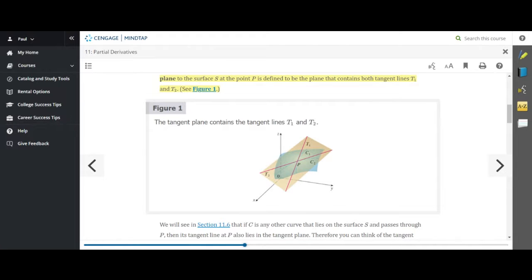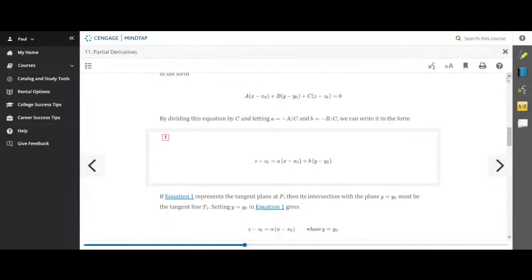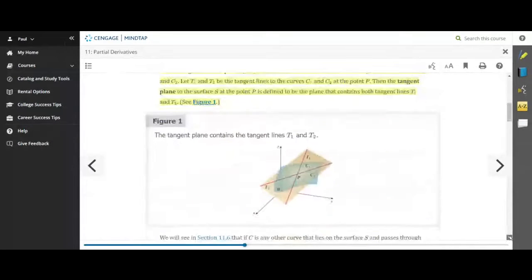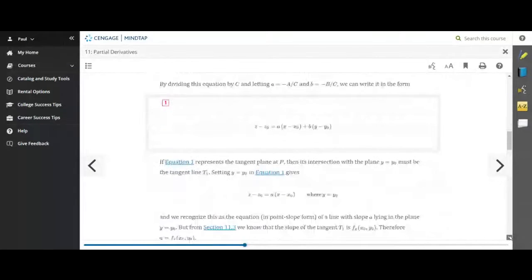Okay, so what we can do here is do the following. Let me find it. Hold on, it's here, at least it is in the book. Yeah.